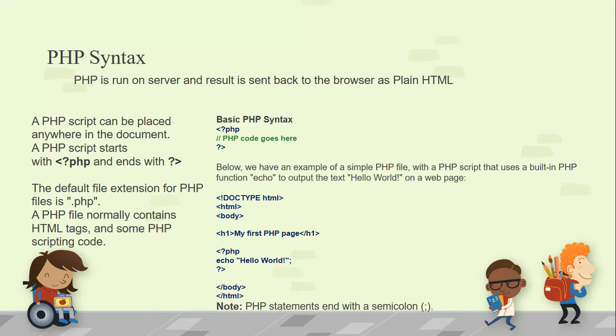Below we have an example of a simple PHP file with a PHP script that uses a built-in PHP function, echo, to output the text hello world on a web page. So we use the command echo to output any text on a web page. In this example, we are outputting a text called hello world.